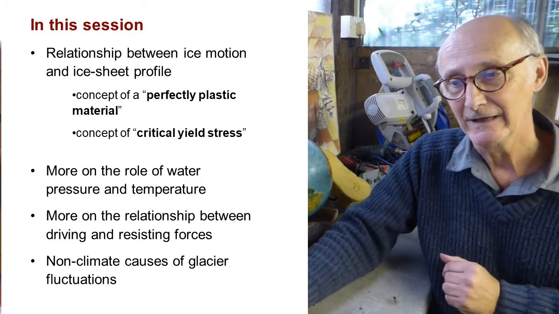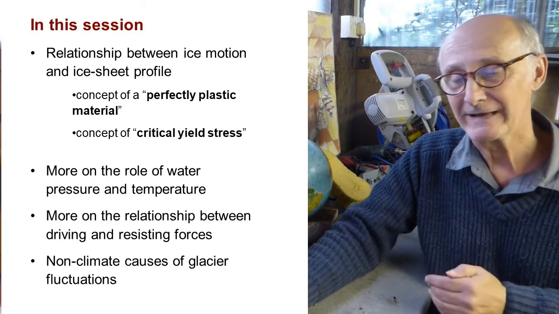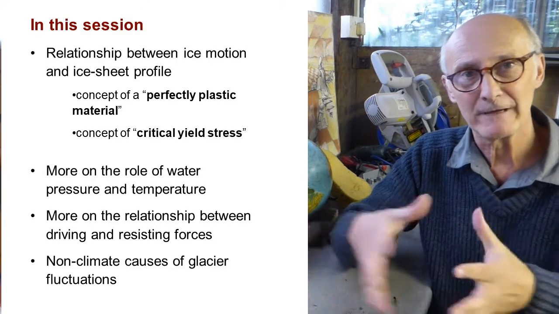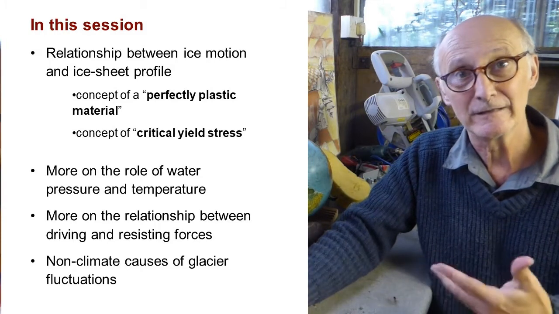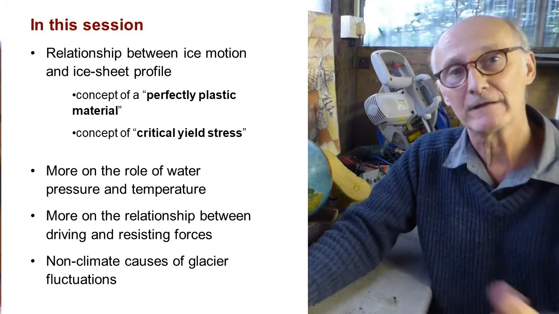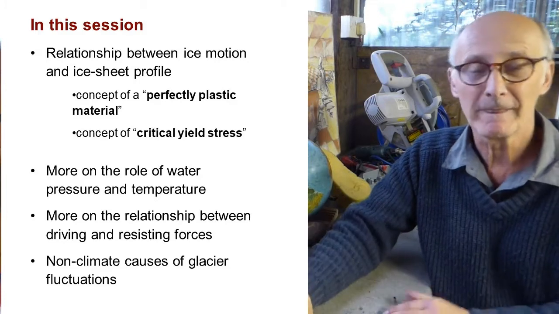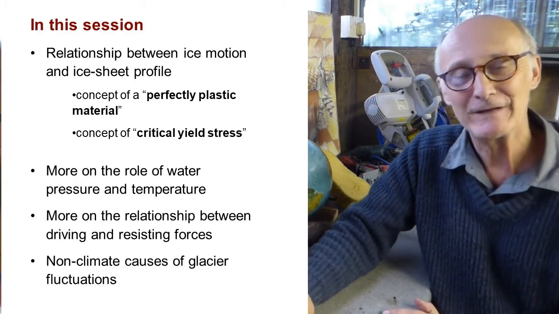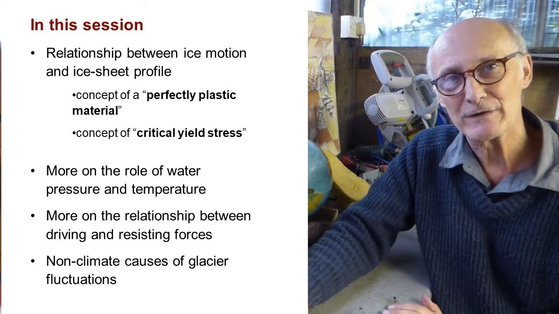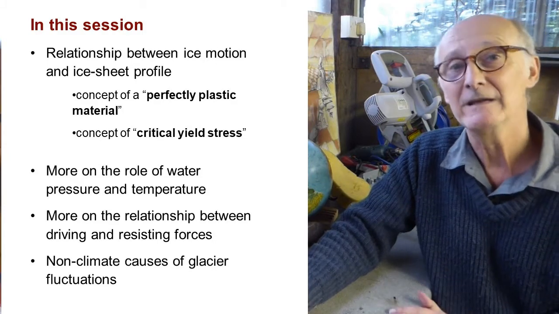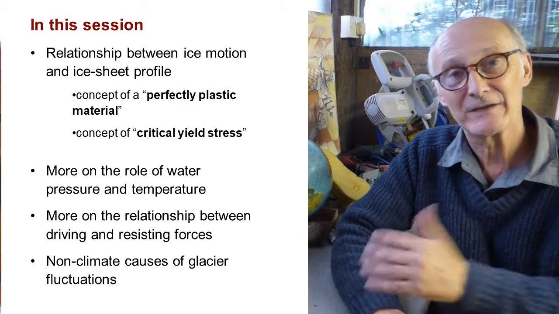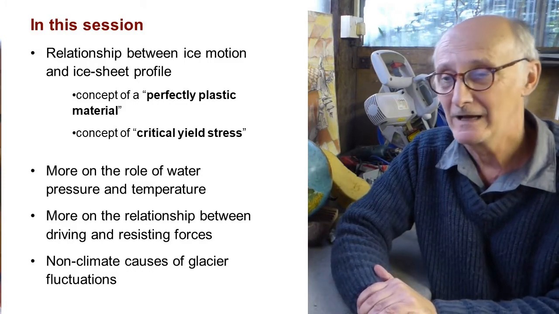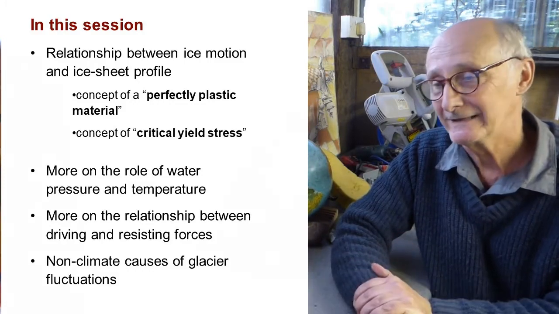We'll encounter that when we think about how glaciers change their shape, including their extent, in response to changes in the basal yield stress, the shear stress therefore, and the factors included in the shear stress equation that you're familiar with, tau b equals rho g h sine alpha. We're going to look at the terms in that a little, and that should help you understand this relationship between morphology and dynamics.